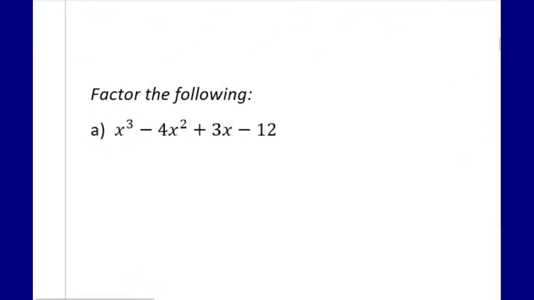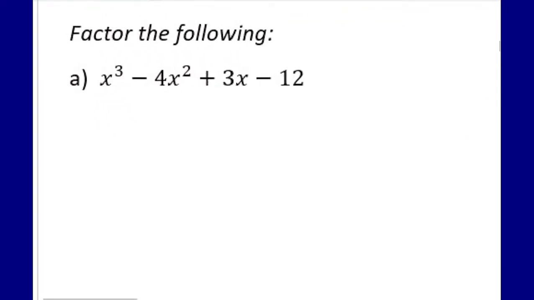So let's go through and factor the following: x cubed minus 4x squared plus 3x minus 12. When we factor by grouping, essentially we're going to group or separate our expression into 2 parts. We're going to look at this part separately from this part, and see what common factors we can take out.